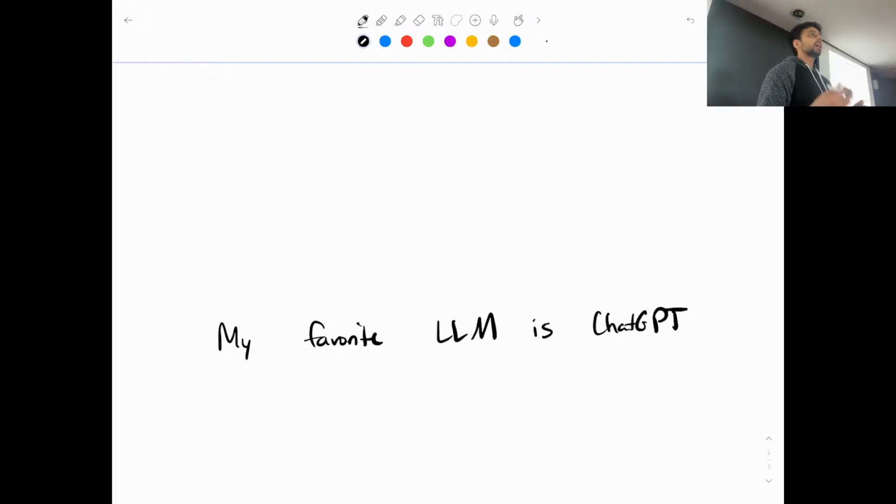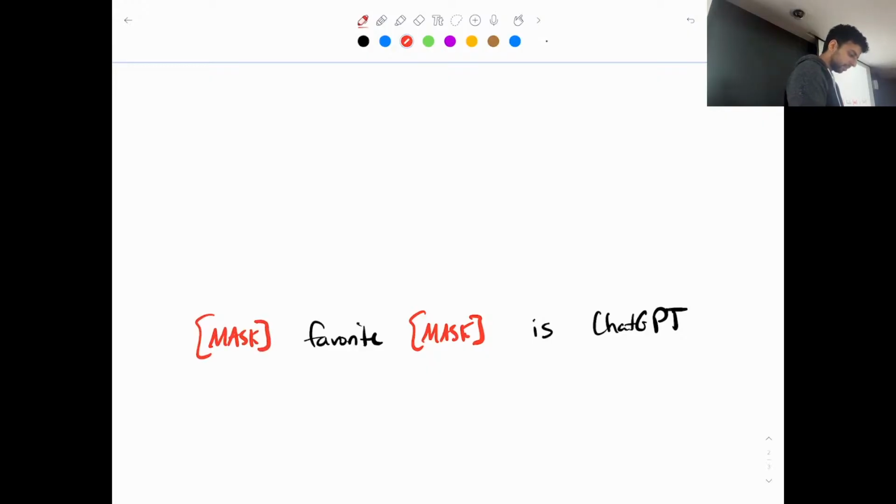So what the authors of the BERT paper came up with was to randomly replace some percentage of the words in the sequence with a special mask token. So the first thing we're going to do is modify our input to remove certain words. Here, maybe I decide to remove 2 words, the first word and the third word.